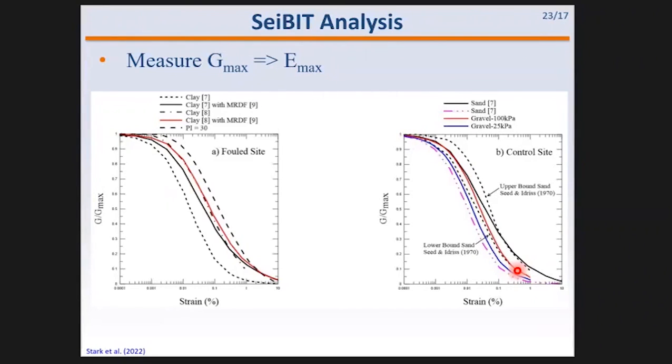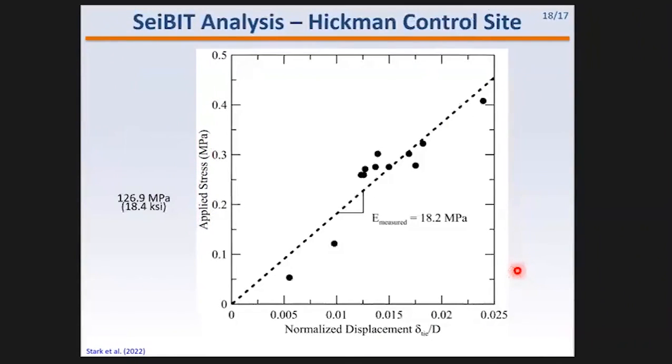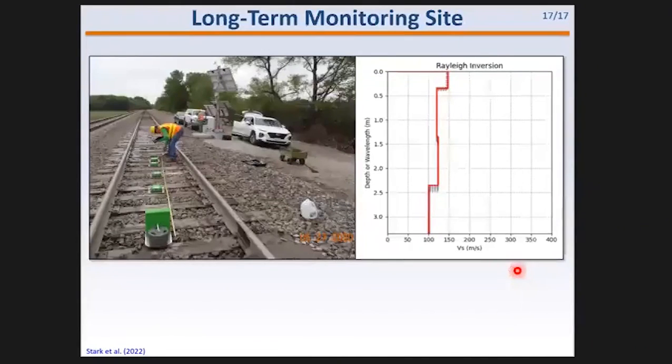Once you hit it, you'll hear it go, it'll run through the whole cycle of loading. Did you see the shear wave velocity profile at the Hickman site? Oh, there it is. There are some different lines underneath here, but basically they all fall in a pretty tight band, even with different levels of energy.